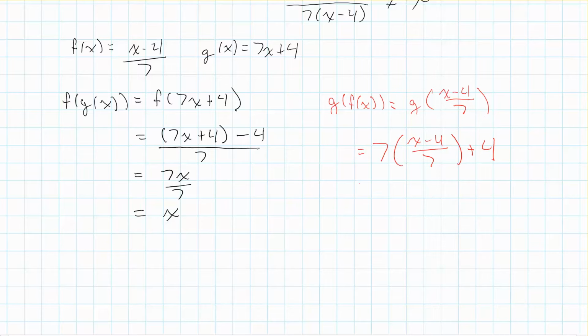And of course the 7s here would cancel, and you'd be left with x minus 4 plus 4. x minus 4 plus 4, of course, is just equal to x. So we have concluded that g of x is equal to the inverse function of f.